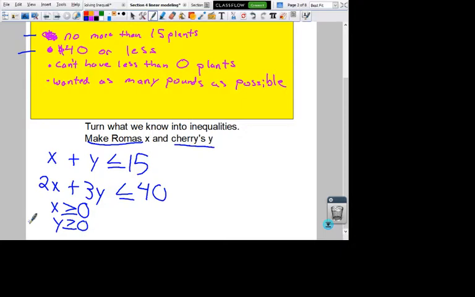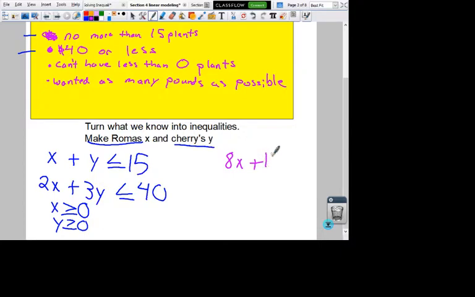Alright, I've got one last thing. We want as many pounds as possible. How many pounds do we get from Roma tomatoes? 8 pounds. So if I take 8 and multiply it by the number of Romas, that gives me the total pounds for my Roma tomatoes. Same thing for cherry tomatoes: 10 pounds.